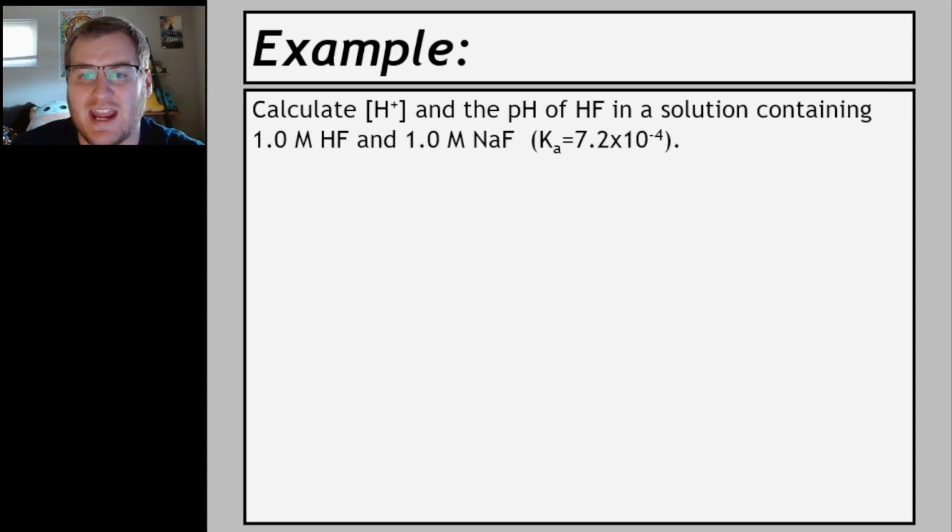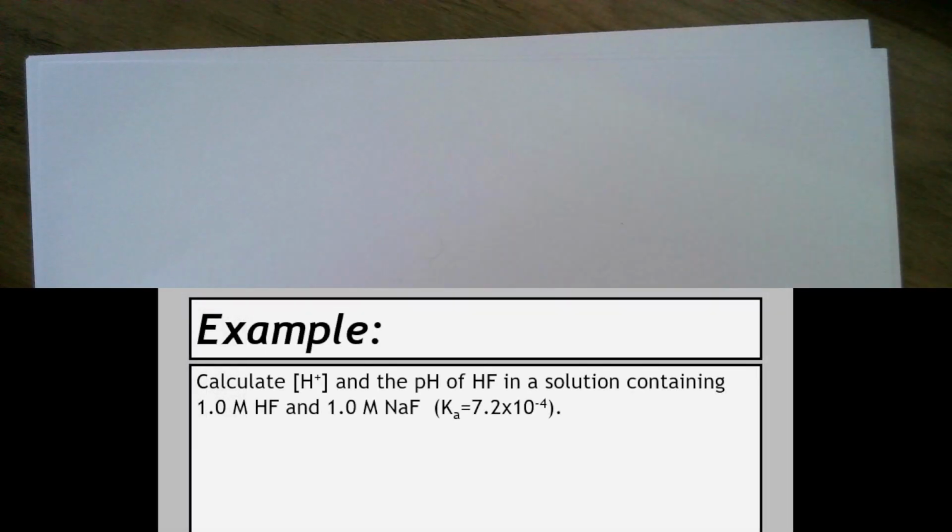This time it's going to contain our starting materials, 1 molar hydrofluoric acid, HF, and 1 molar NaF. NaF is a salt. It's not an acid or base by itself, although it might be acidic or basic. It's not acting as an acid or base because it doesn't have an H to gain or lose, but it will influence our pH in a different way. All right.